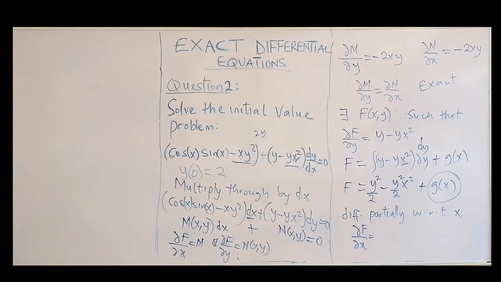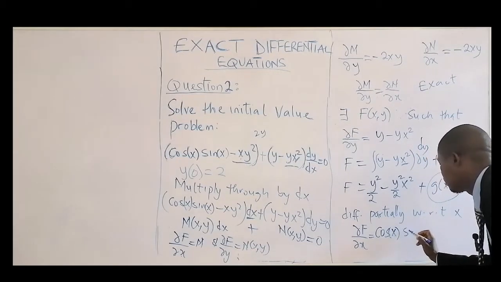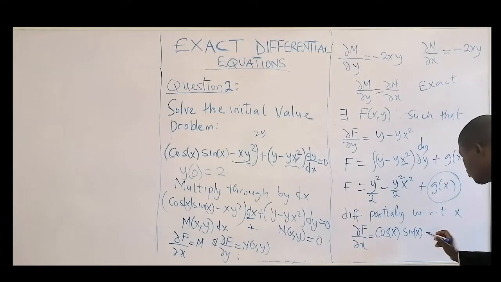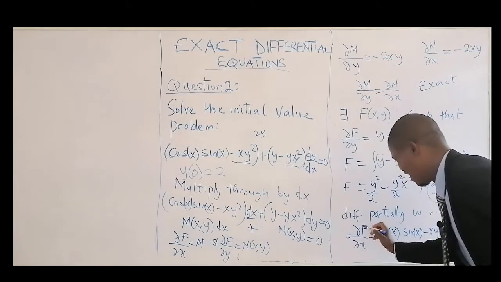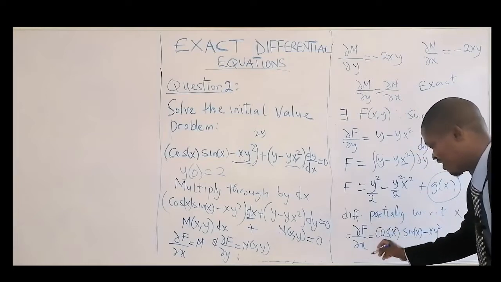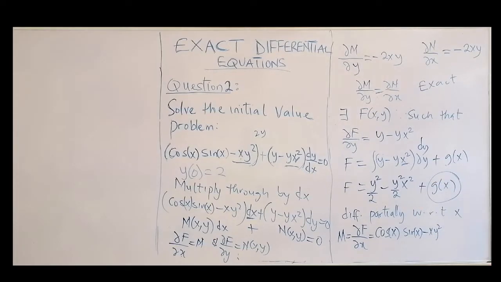There is a notation that I have: the partial differential of f with respect to x is m, and our m is cos x sine x minus x y squared. We call it m.